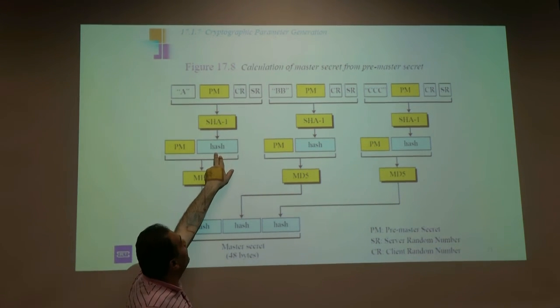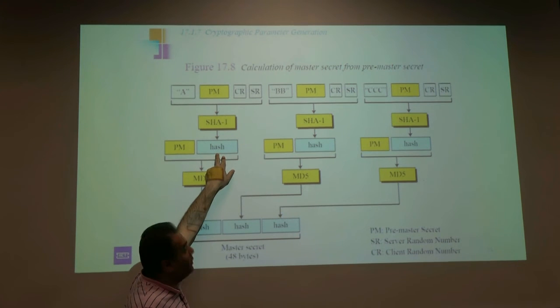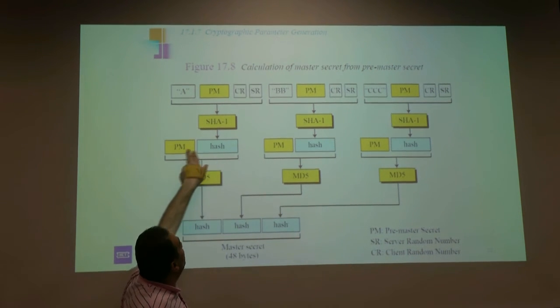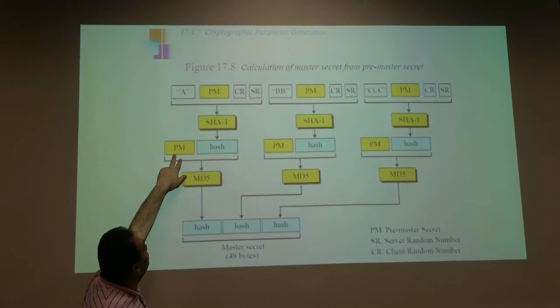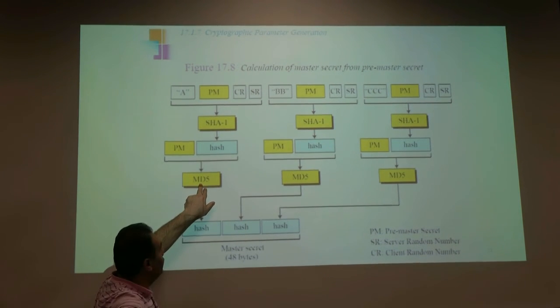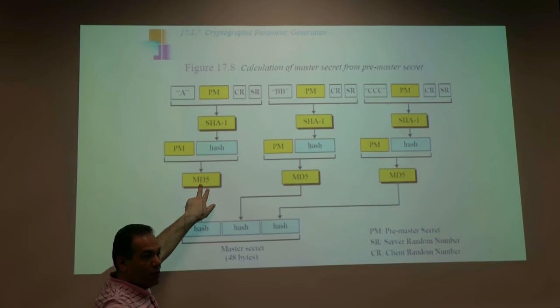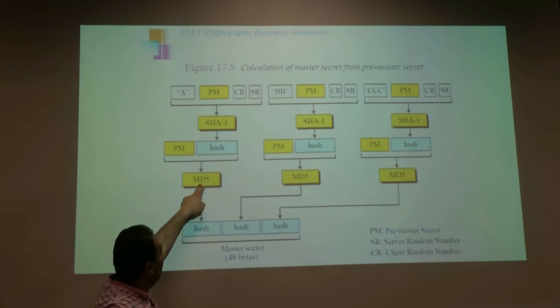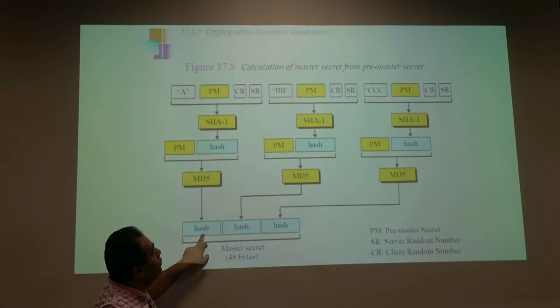SHA will create what? The hash, the digest. Again you bring the pre-master secret, and you do another kind of hash, MD5, and you create a hash.